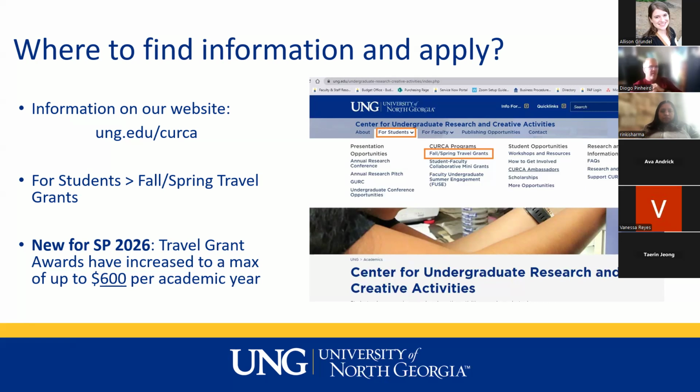One thing that is new for this semester is that the maximum amount that we can reimburse students has increased to $600 per academic year. It used to be 500, now it's 600, so we have a little bit more money to give to students.